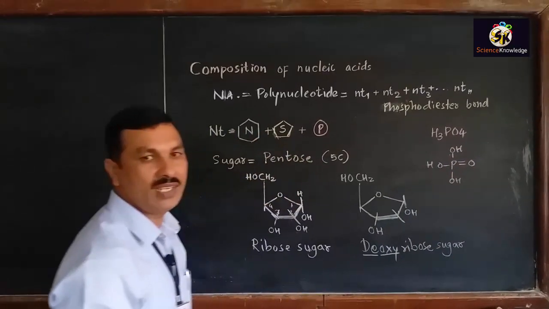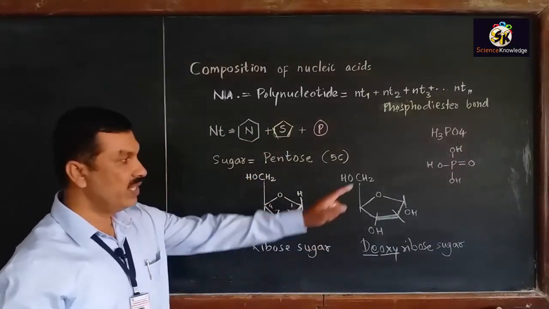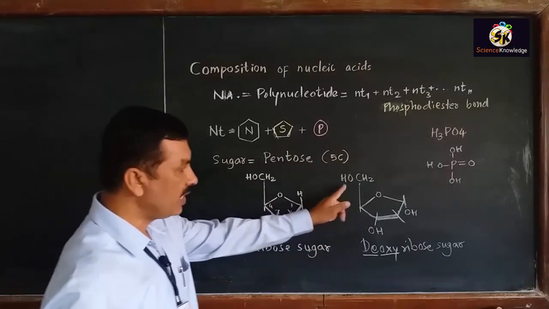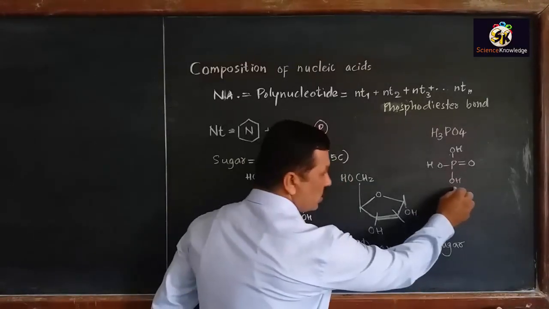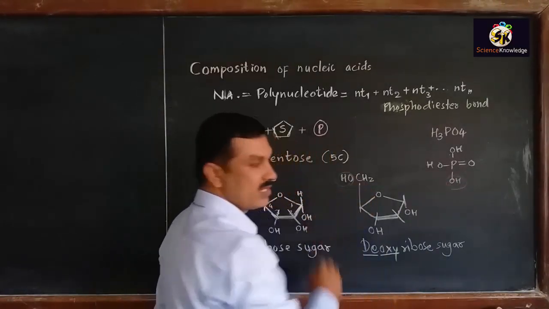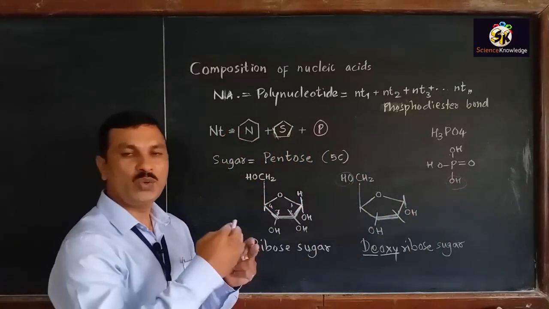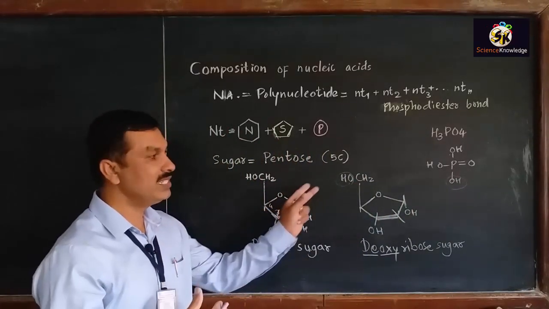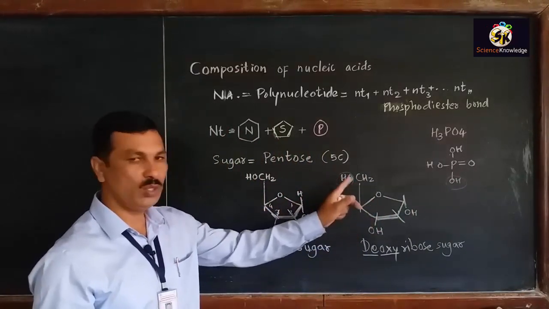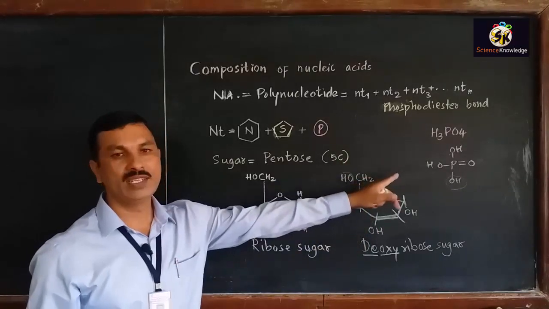So this is H3PO4. Whenever it interacts with sugar with the help of this OH, a water molecule will be removed. So this is a condensation reaction, and the nucleoside will be connected with phosphate.